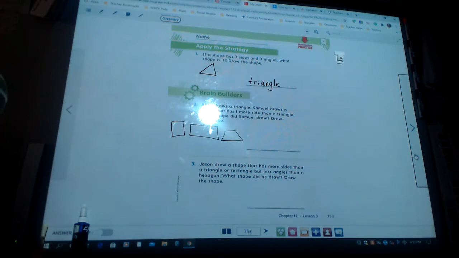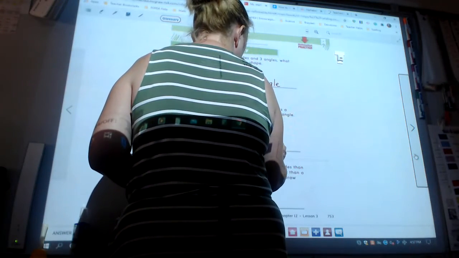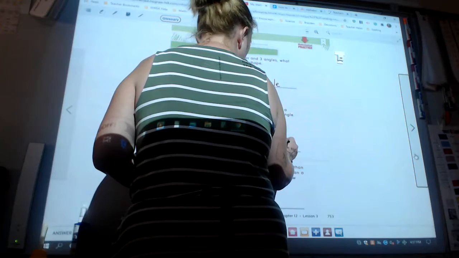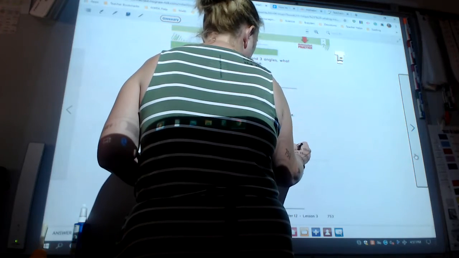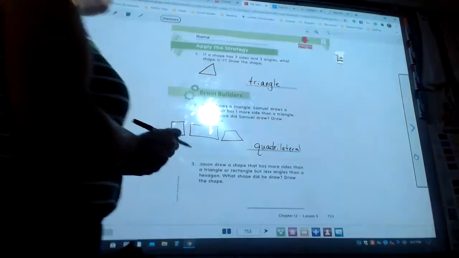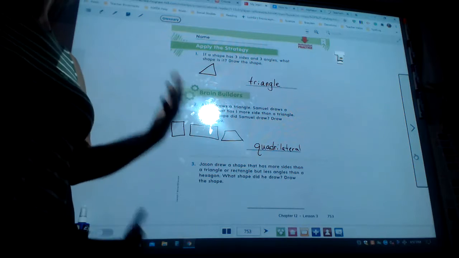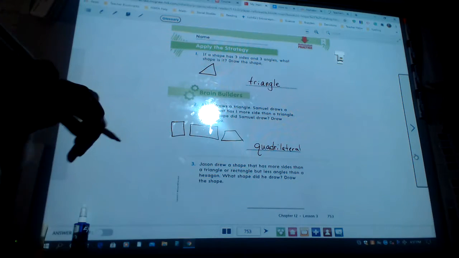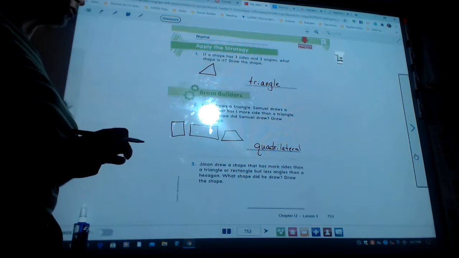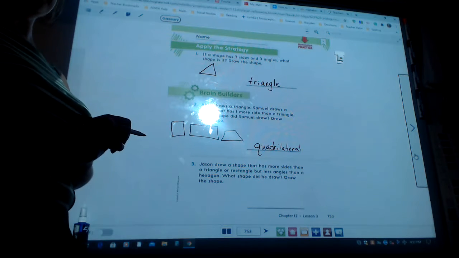Any of those are 4 sides. So what shape did he draw? Well, we don't really know what shape he drew. So the actual answer is a quadrilateral. Now, if you wrote square or rectangle or trapezoid, I'd still give you credit. The actual answer is quadrilateral. Okay?